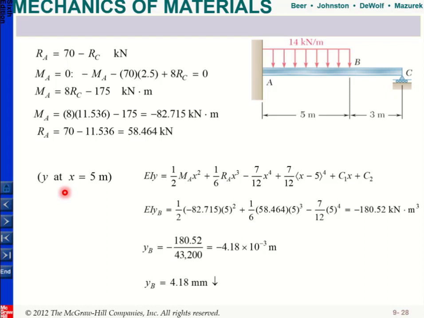So this is the power of using singularity functions. If you can get this moment expression throughout the beam, then the rest is just taking the integrals and using the boundary conditions. But we need to be careful. When we are getting this moment, if you have a distributed load, start from the distributed load equation and take the integral to find V, and if you have any force applied, you just need to add that one.